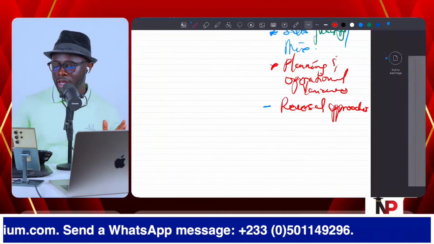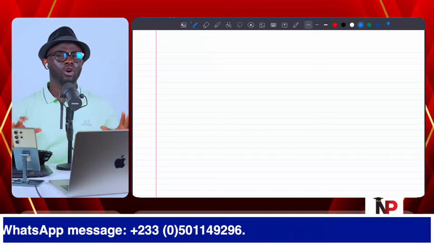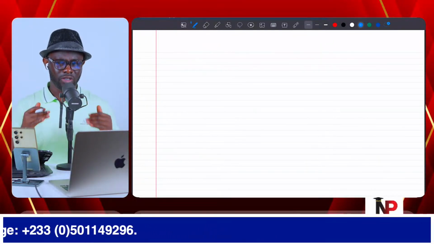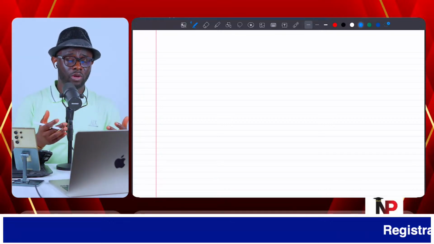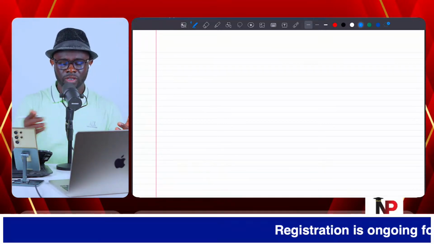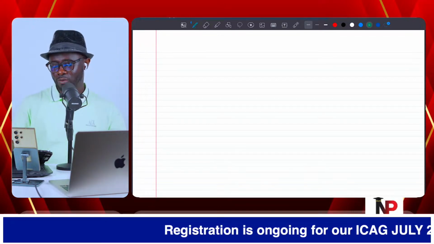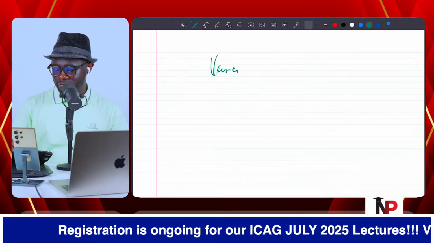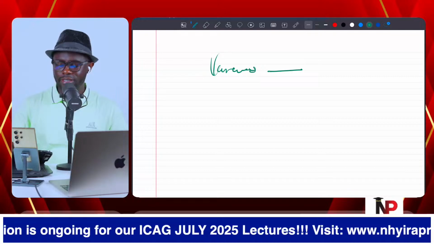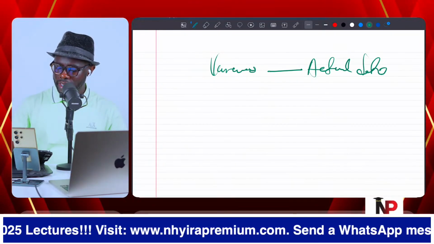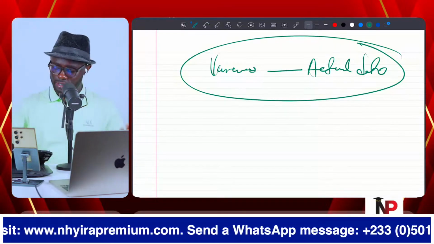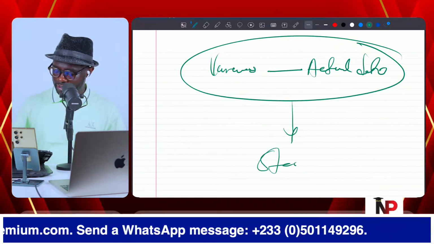What does that mean? It means that we have incomplete records, but we still want to analyze and find out whether the entity is doing what they are expected to do. And so in that case, we can be given the variance and the actual data, then the examiner will say, using that, give me the standard.